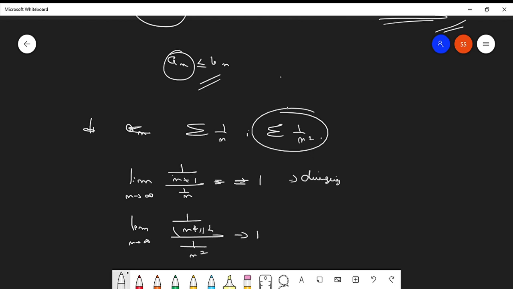This will also tend to 1, but this is converging. So for the same test you are getting two different conclusions, so that's why p equals 1 is an inconclusive case. I guess it's clear.